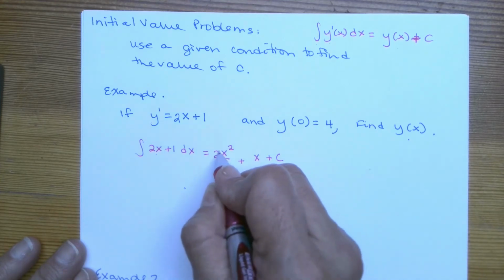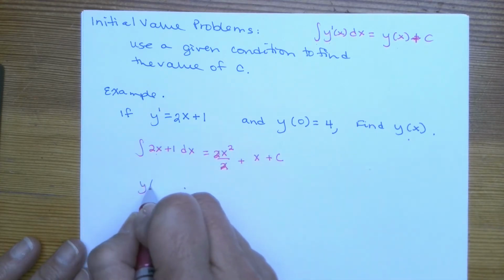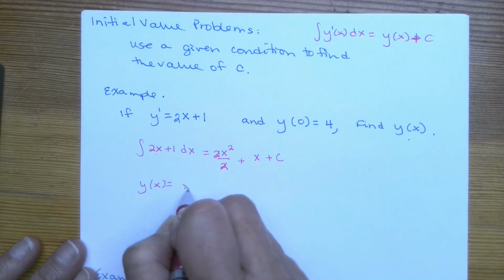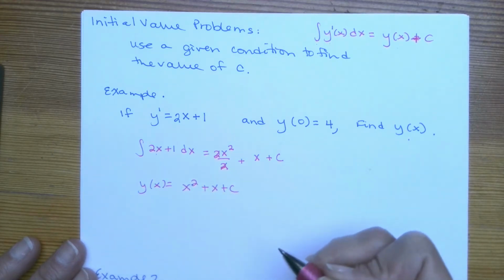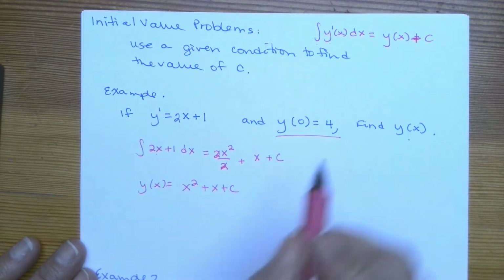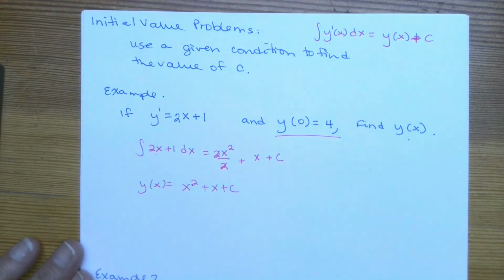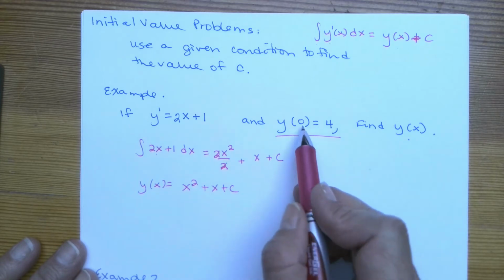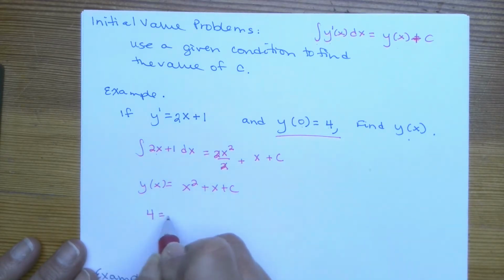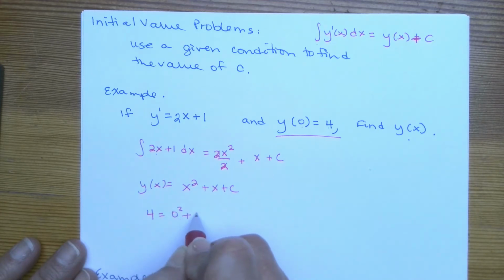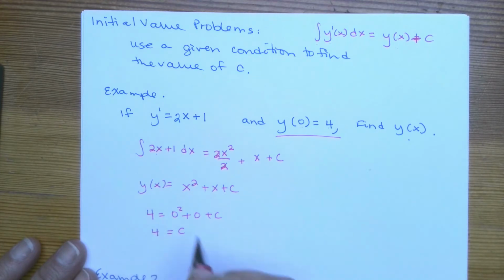I'm going to go ahead and tidy that up. So now we know that y of x equals x squared plus x plus c. Now when we grab our initial condition, we can find out what c is. So if x is 0, y is 4. I'll put a 4 in for my y and a 0 in for my x's, and that tells us that c is equal to 4.